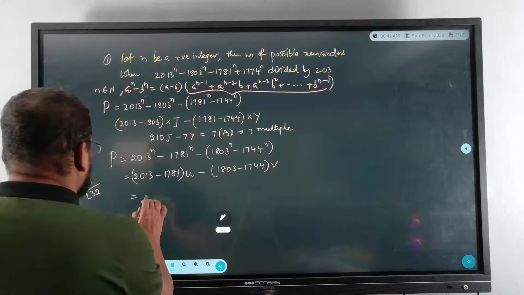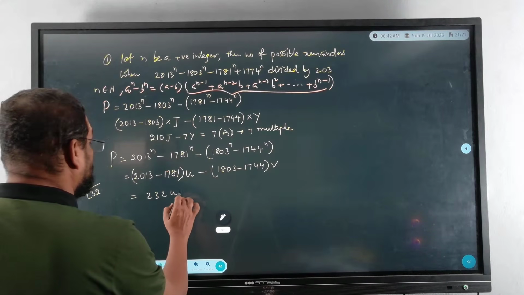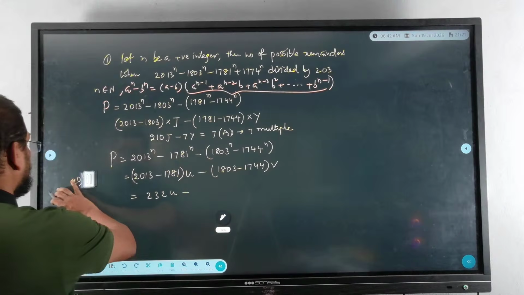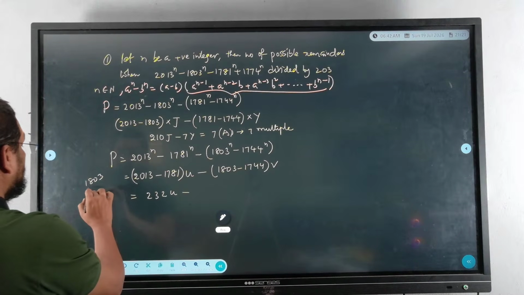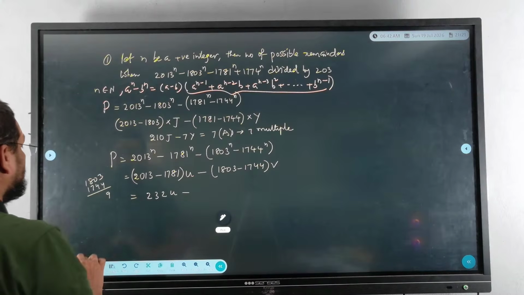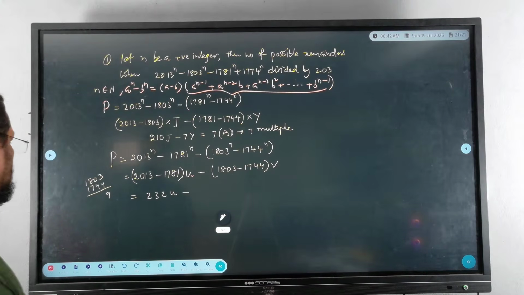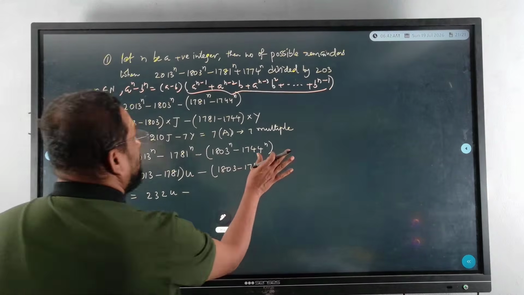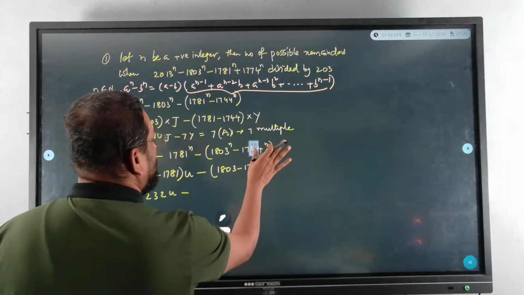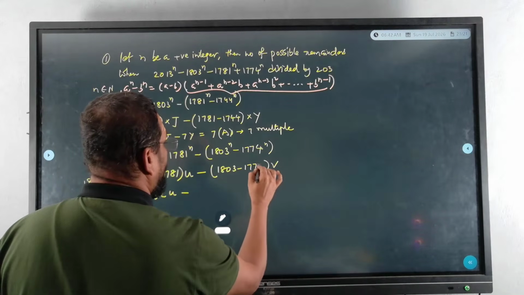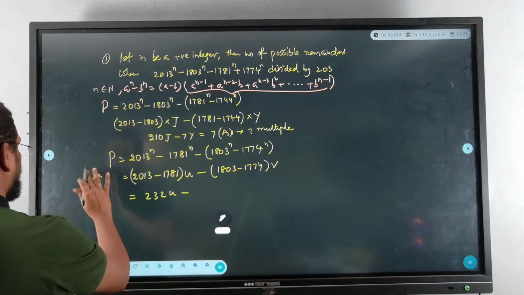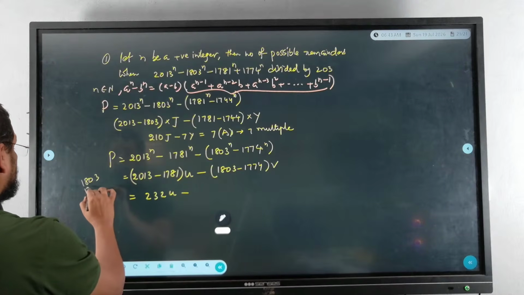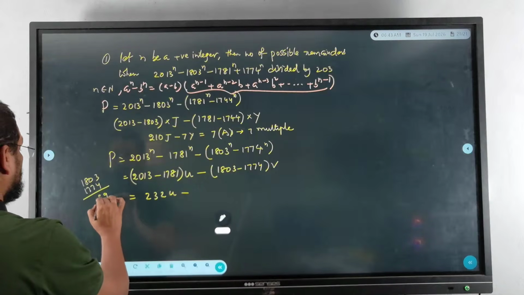Okay, so 232u minus, what is the difference here? 1803 minus 1774 is 29.